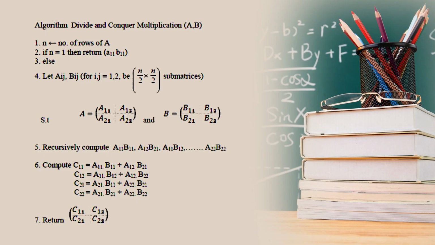So how will these 8 operations come about? Simply, the first 4 operations will be recursive calls. How? Suppose there is an 8 by 8 matrix divided into four 2 by 2 matrices, and I am taking only one matrix, that is A11. For A11 you have to call 4 operations, that is C11, C12, C21, C22, one by one.